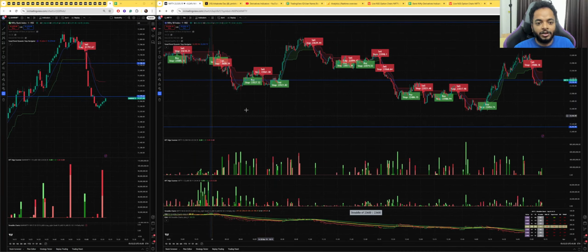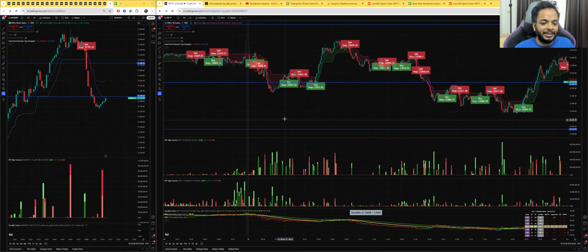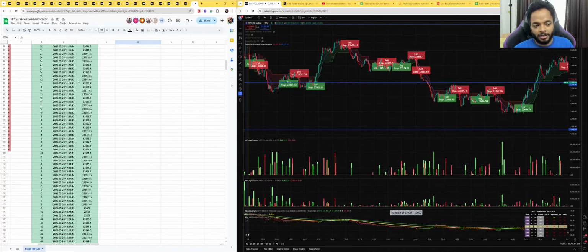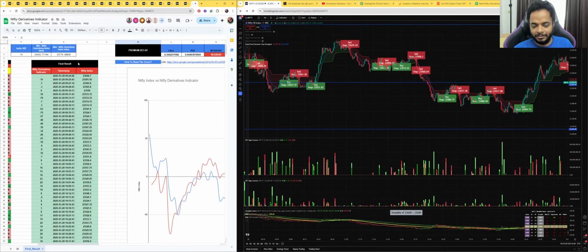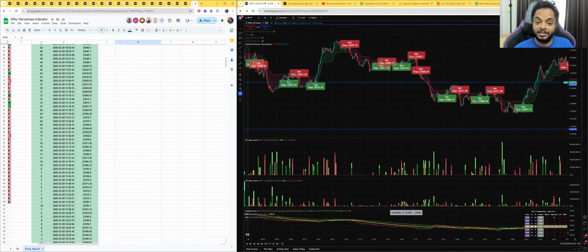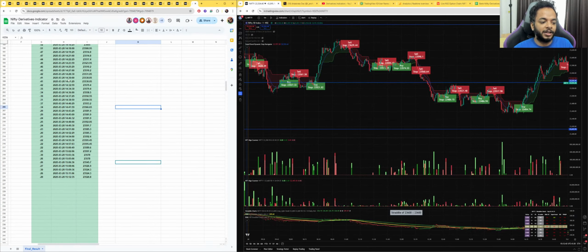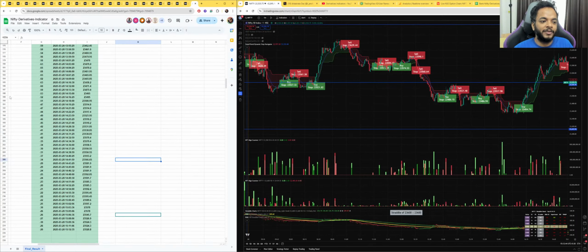So we analyze the big guys' positions with the help of the HFT algo scanner, and we also have our AI money flow, through which we get the sentiment of the option chain, because in the option chain you can't track all the variables at once. So we track all the variables.